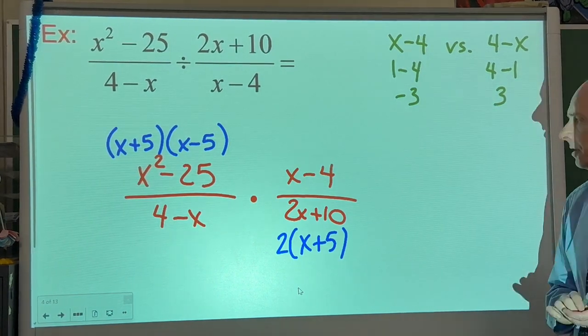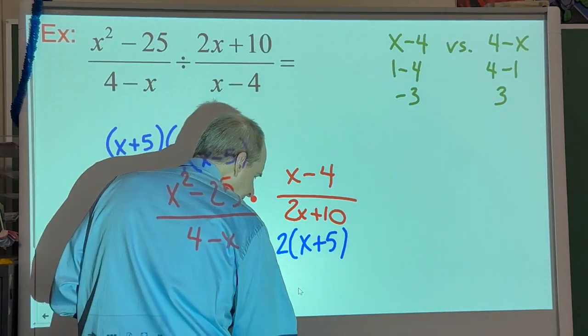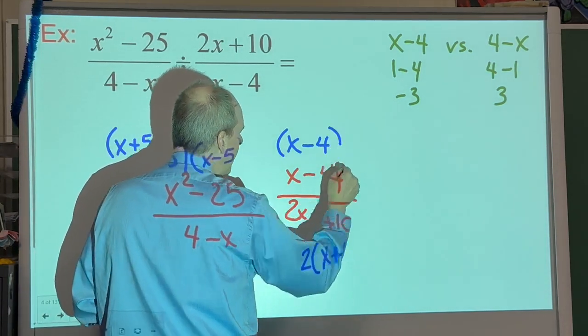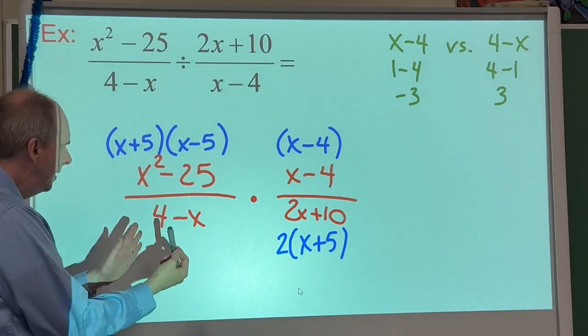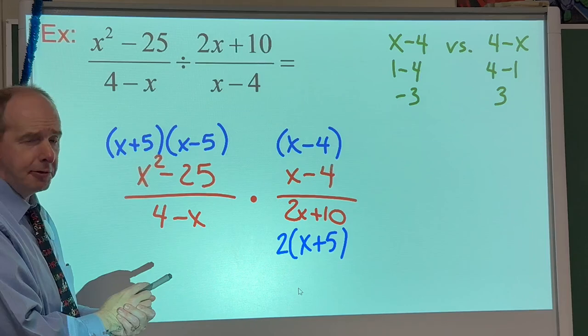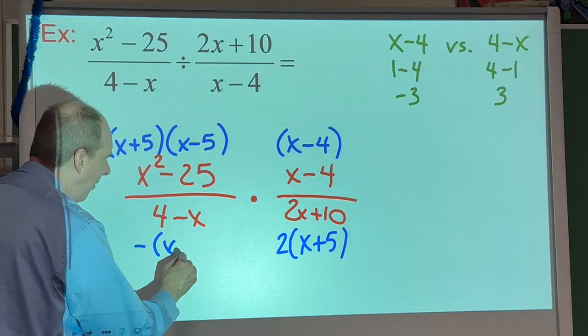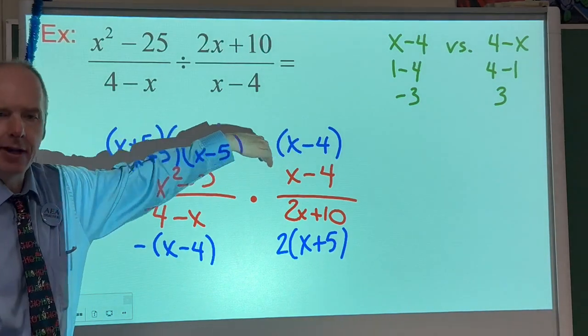So for our purposes, what we want to be able to do is factor this. So instead of having x minus 4 and 4 minus x, what I can do is I can say this one here that's backwards, I could take out a negative, and now I have x minus 4, just like I have x minus 4.